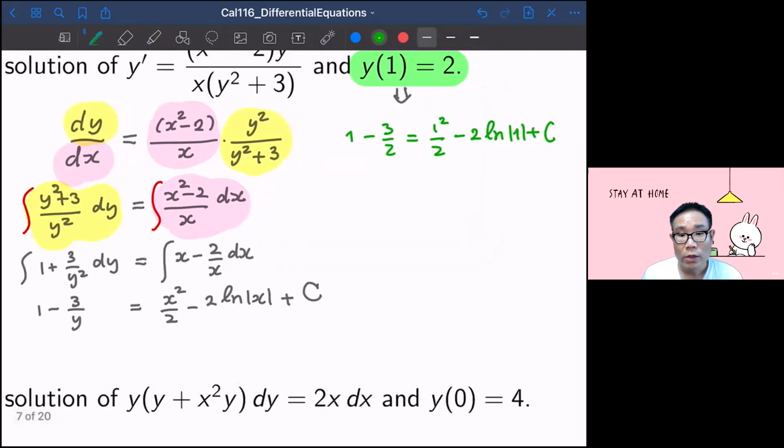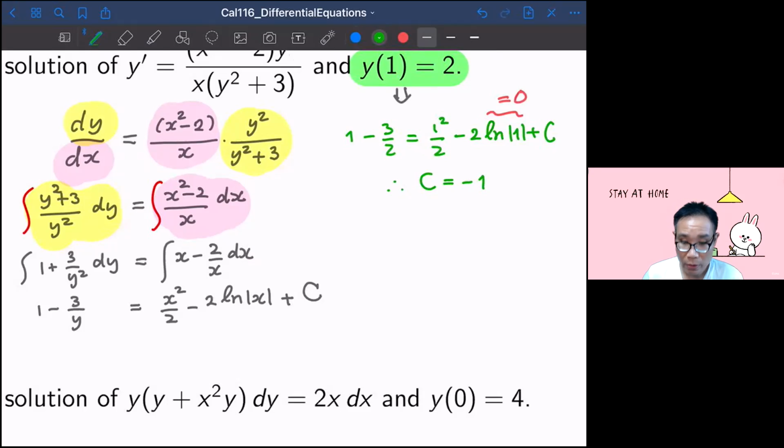Okay, so the left side will give you negative 1 over 2. And log 1 equals 0, so c equals negative 1 in total. Okay, so you solve for c and you get c equal to negative 1, from 1 minus 2.